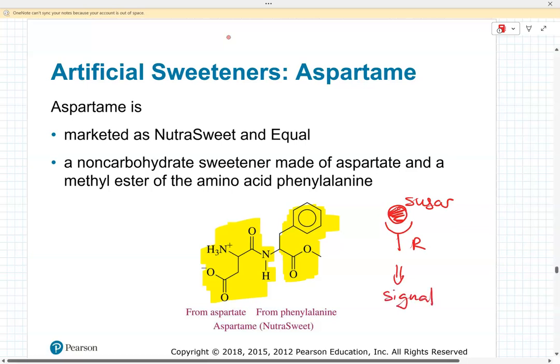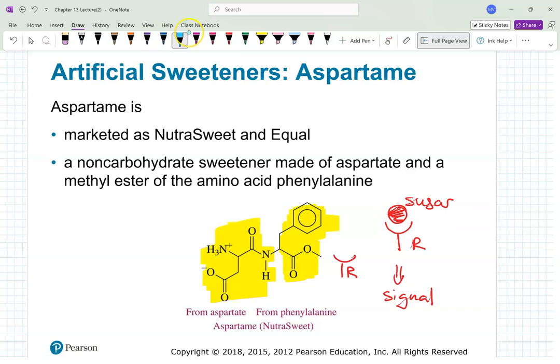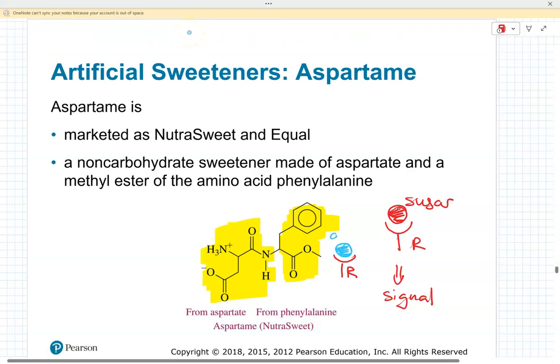Make sense? Somehow aspartame can bind to the same receptor that the sugar binds and can stimulate it just like sugar does. It's kind of a decoy, okay? So same receptor, but now, for some reason, you have aspartame binding. And you feel sweetness. Making sense?